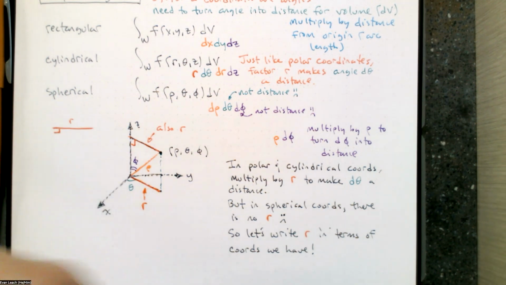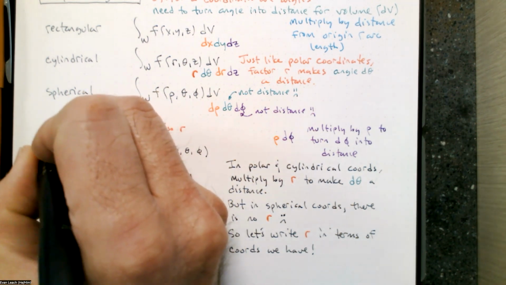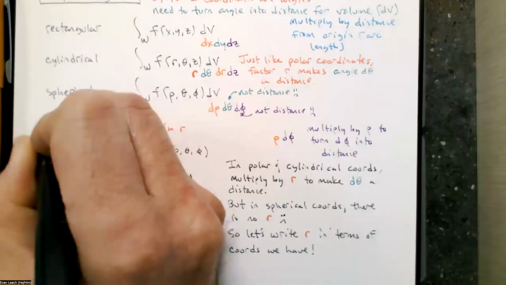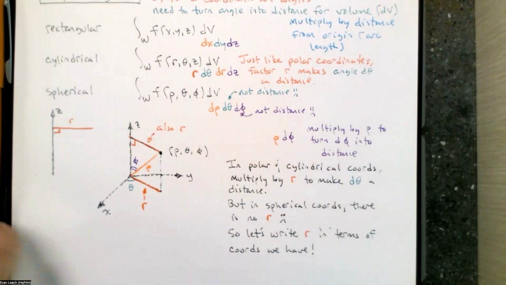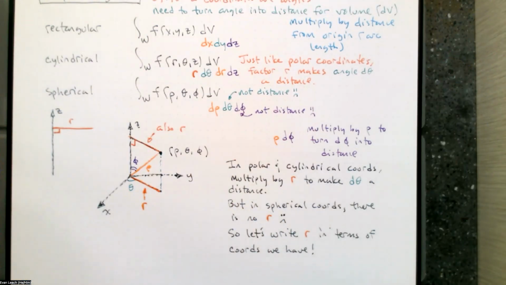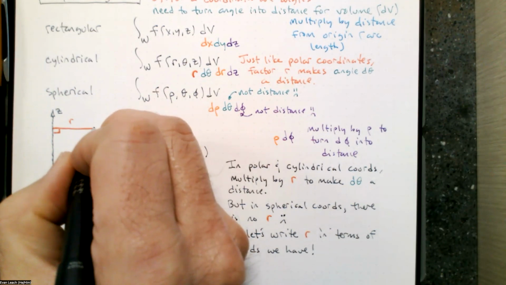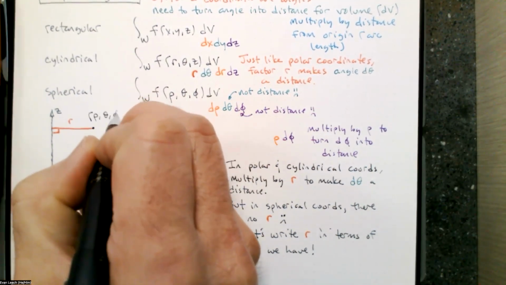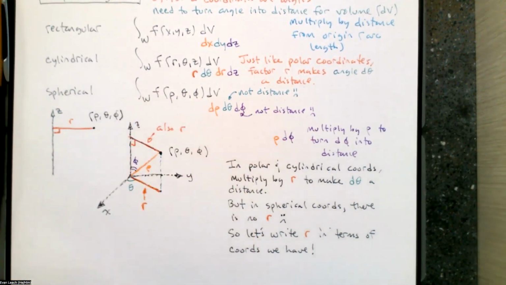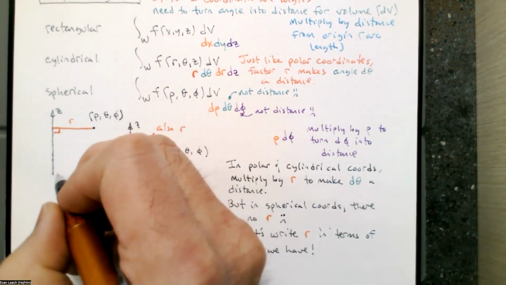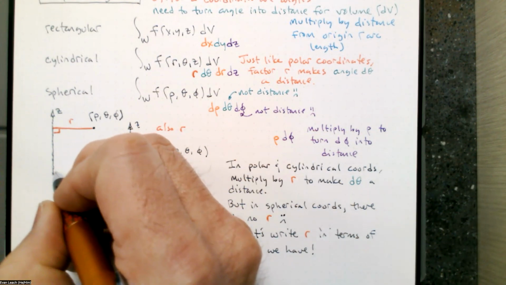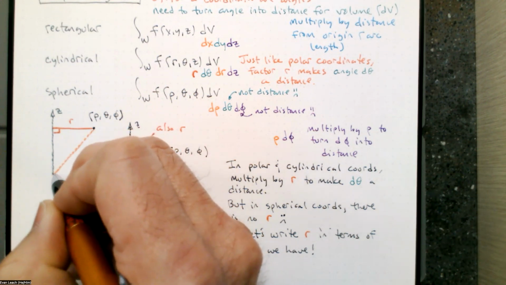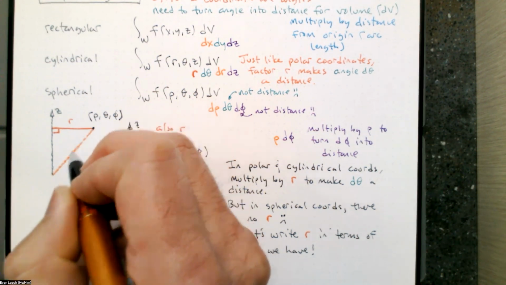My vertical leg is the z-axis. Here is the point that we're concerned with, rho, theta, phi. Here is the origin down here.